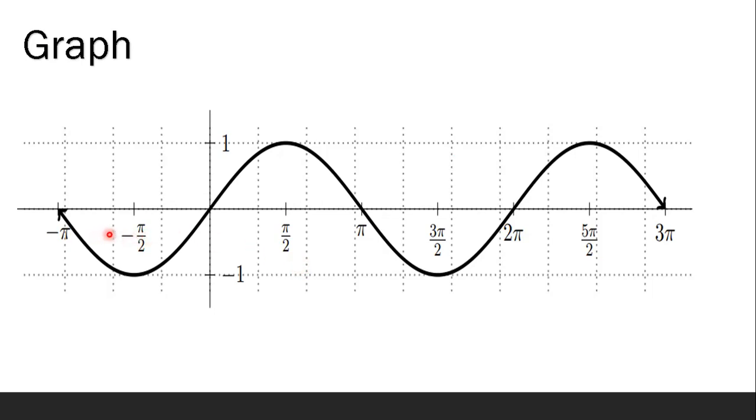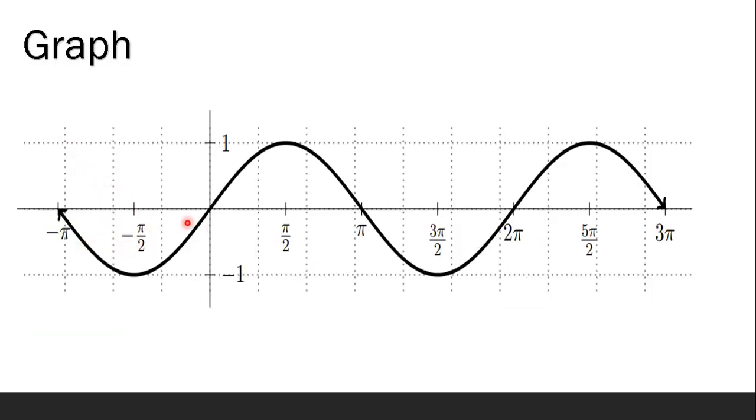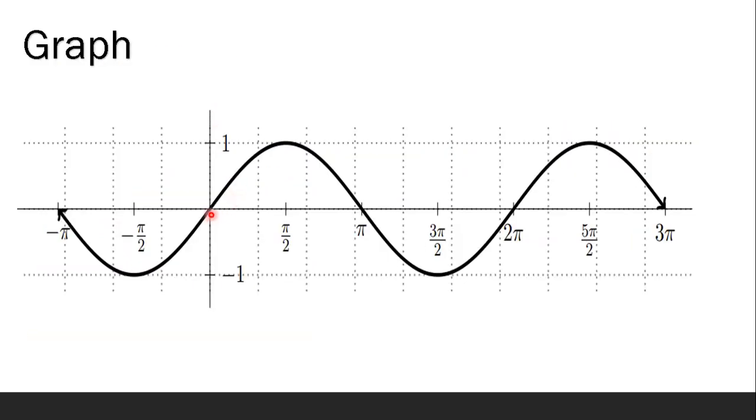But this is in a graph way, in a two-dimensional graph. As the values of our x approach 0, this is the 0, right? The values of our y or f of x get closer and closer to 0. And this is how the graph looks like.